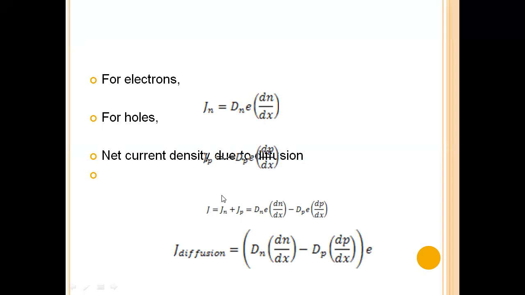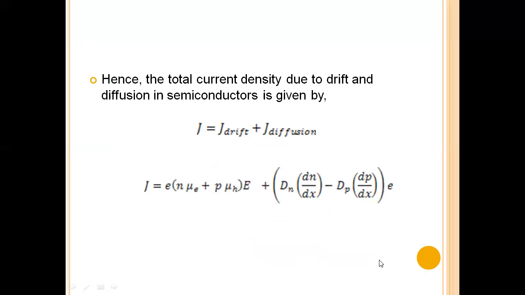Now net current density due to diffusion is given by J is equal to diffusion current density due to electrons plus diffusion current density due to holes. Then summation will give you J diffusion is equal to Dn into dn by dx minus Dp into dp by dx, into charge of electron.